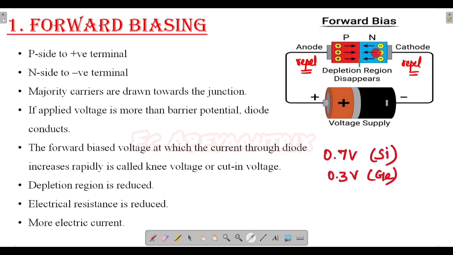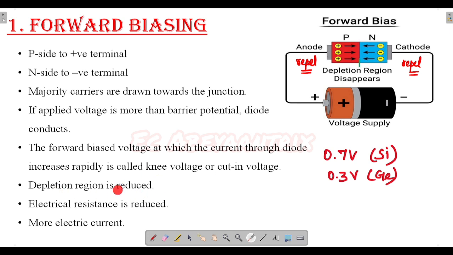Since the majority charge carriers repel and move towards the junction, that is the PN junction or depletion region or space charge region, they are drawn towards this junction. As a result, they recombine with the immobile charge carriers near the junction and the width of the depletion region gradually decreases.